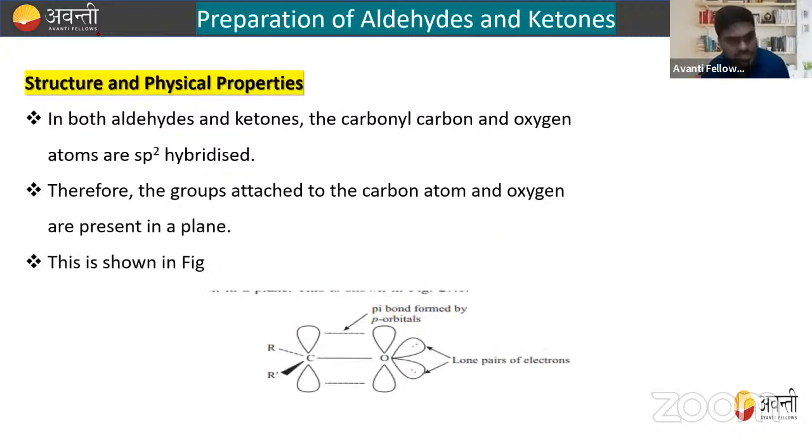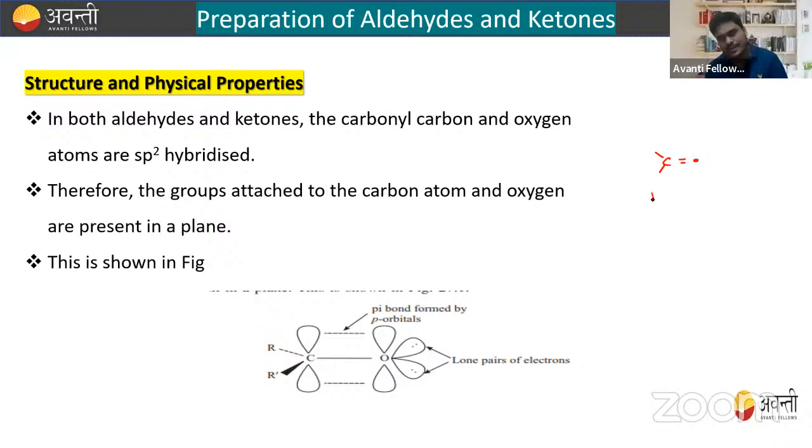Now, let's see the structure and physical properties of aldehyde and ketone. What structure do they actually possess? Basically, in both aldehyde and ketone, the carbonyl carbon and oxygen atom are sp2 hybridized. How? Let's see. This is the structure of an aldehyde or ketone.